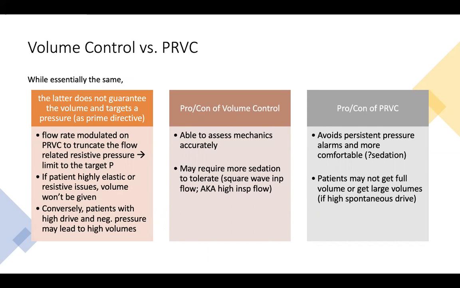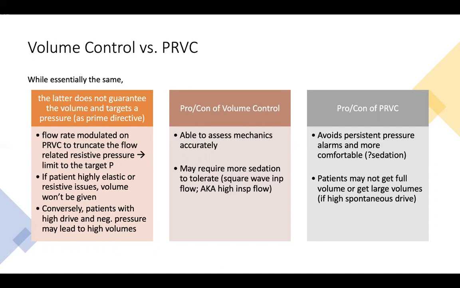They are essentially the same in that they are both looking to deliver a tidal volume. The primary directive, though, in PRVC is to avoid going over a certain pressure guided by the pressure alarm setting.